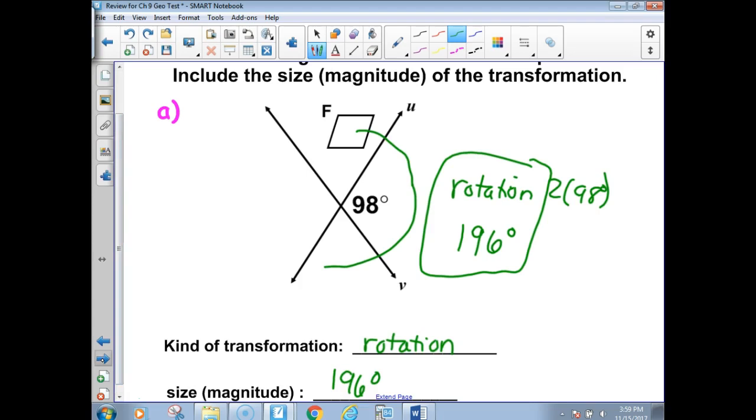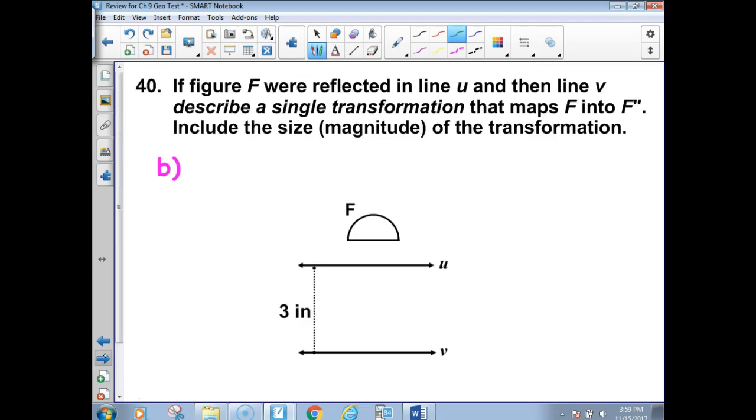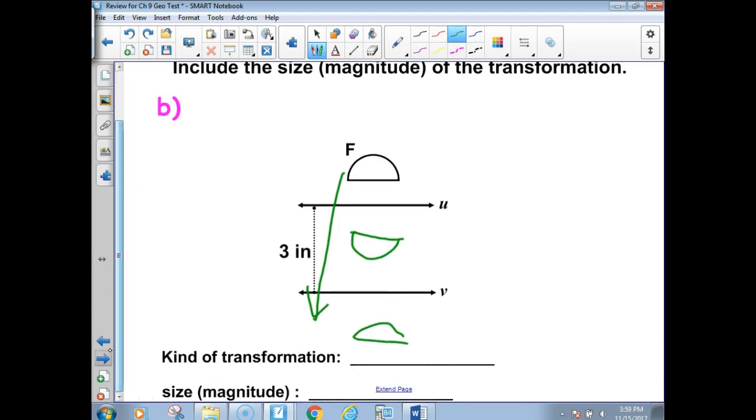And then B, if a figure is reflected twice over parallel lines, the first reflection would do something like that. Then you flap it over again, and it turns back the other way. What happens is you get a translation, and it is in your ISN.